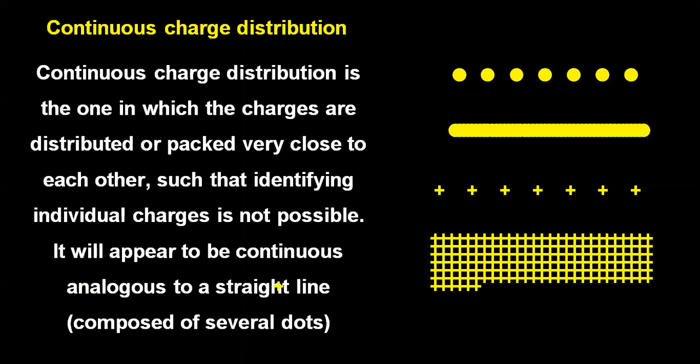They are so tightly packed or close. Now these charges are tightly packed such that it appears as a continuous structure. So such type of distribution is called continuous charge distribution. So this is your discrete charge distribution, and this is continuous charge distribution.